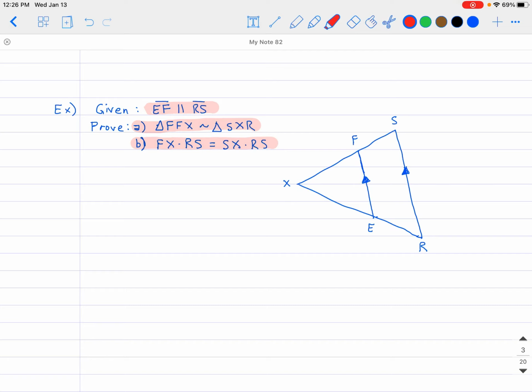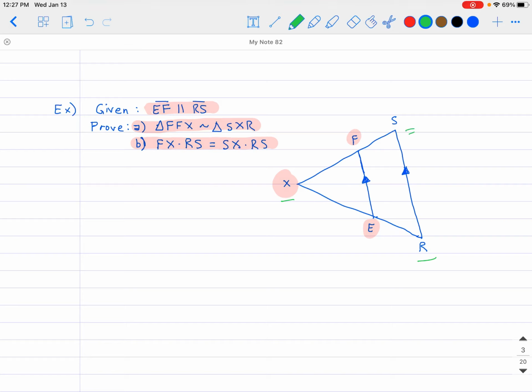How can we show that those two triangles are going to be similar? Well, I think the best way we can do this is probably use the AA similarity, because that's the only thing that we can have to work off of. Okay, look at those two triangles, XEF, and also triangle, let me see if I can kind of isolate, XRS, okay?